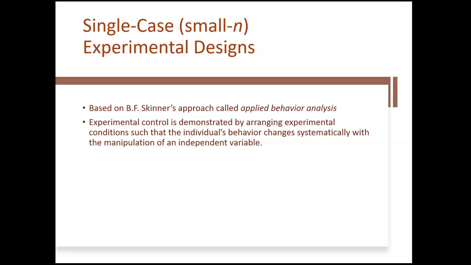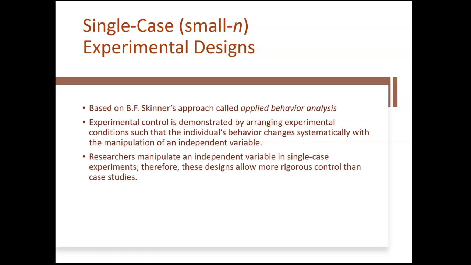So by demonstrating that you can, quote unquote, turn on the manipulation and turn it off again and show reliable changes in responding, then you're able to do in a more powerful way the art of explaining changes in behaviors. And that's something that can't be done with a case study.